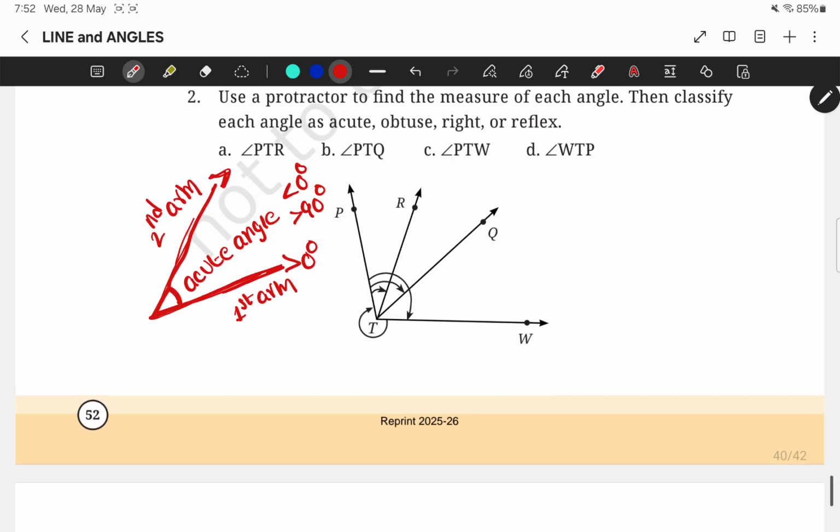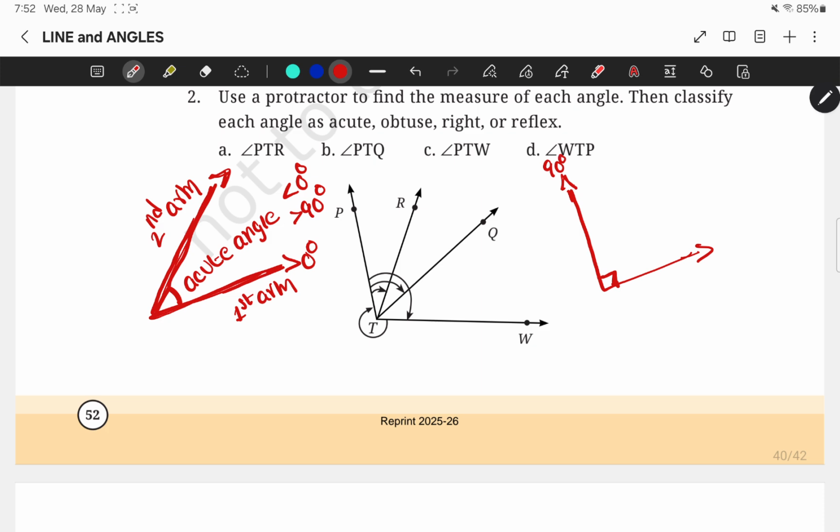For a right angle, again taking two arms, the second arm is slightly increased. So this is exactly 90 degrees.